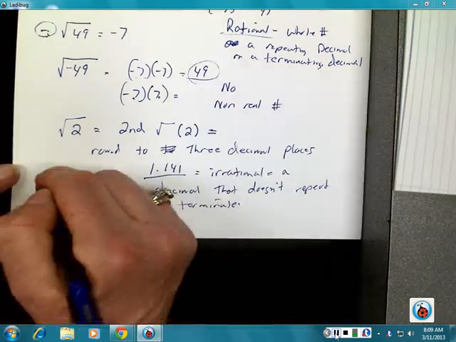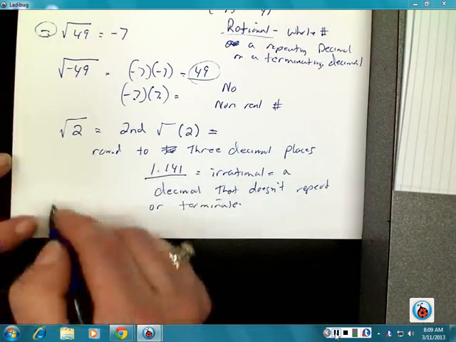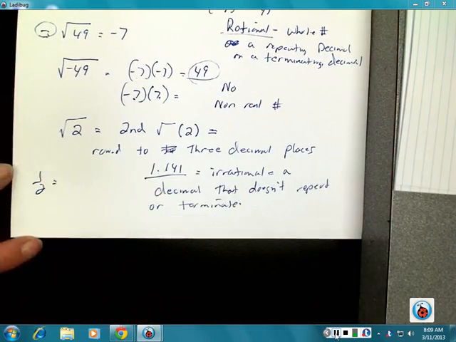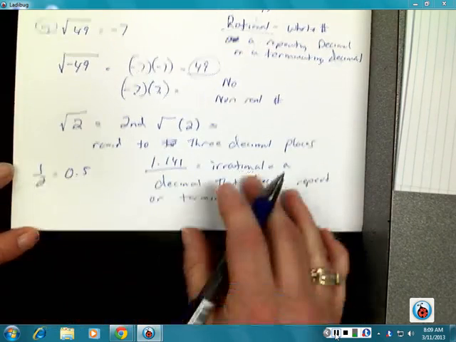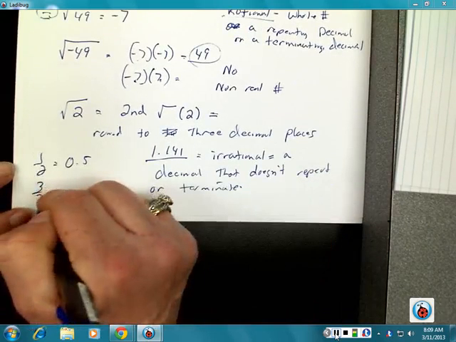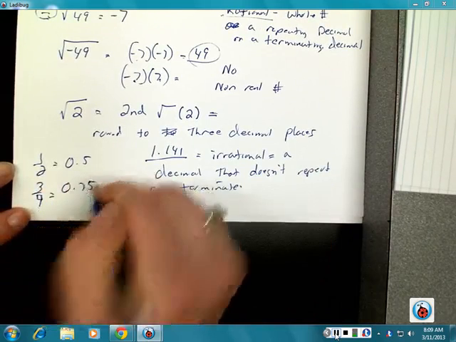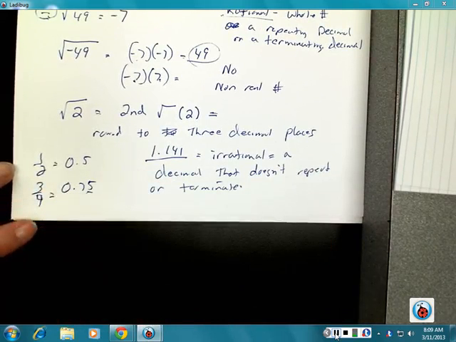Terminate means that if you had a half and you turn the half into a decimal, it terminates because it comes out to be 0.5. Okay? Or if you had 3/4, 3/4 terminates too because it becomes 0.75. So that's what I mean by terminates. It means it ends on your calculator when you divide it out.